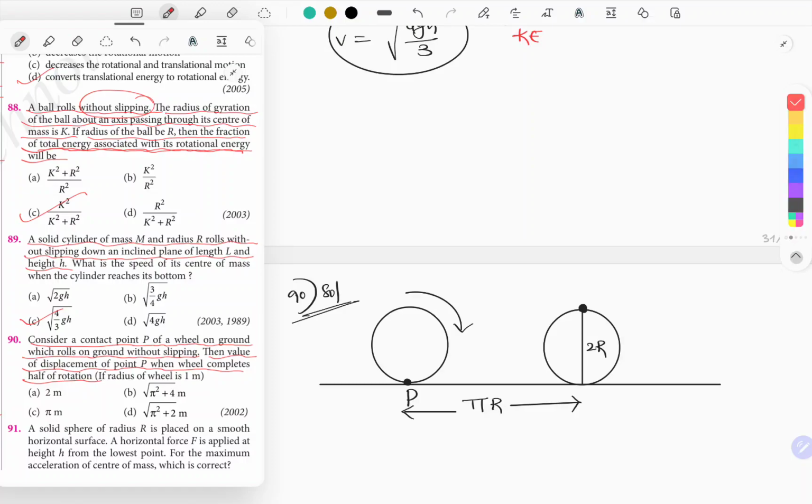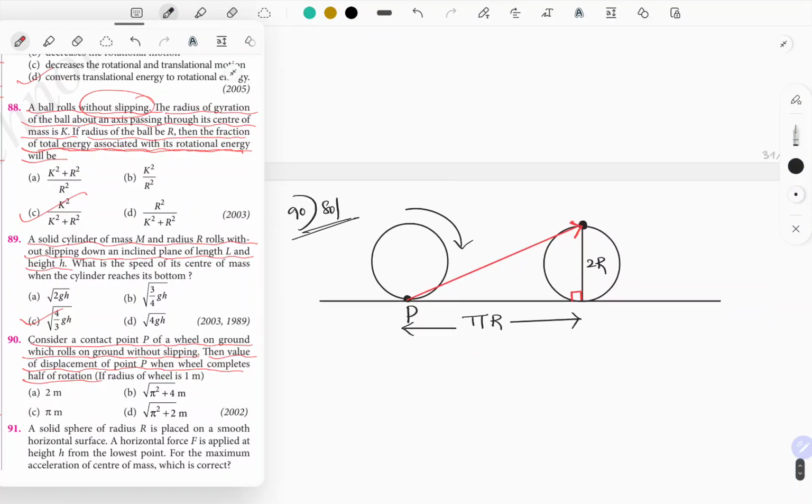Now they need the displacement, which is nothing but the shortest distance between the initial and final position. It looks like a right angle triangle, right? So displacement is equal to root of pi r whole square plus 2r whole square. Did they give the r value?